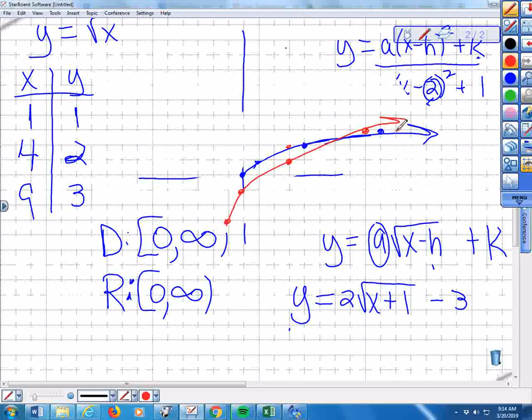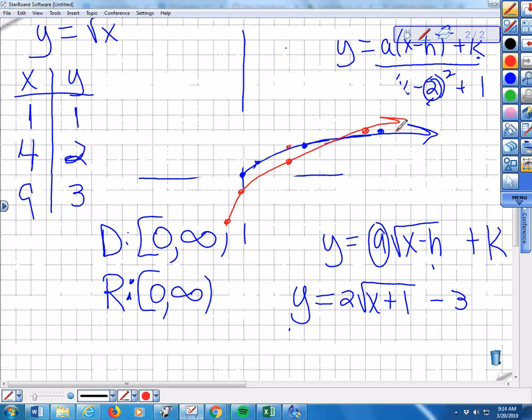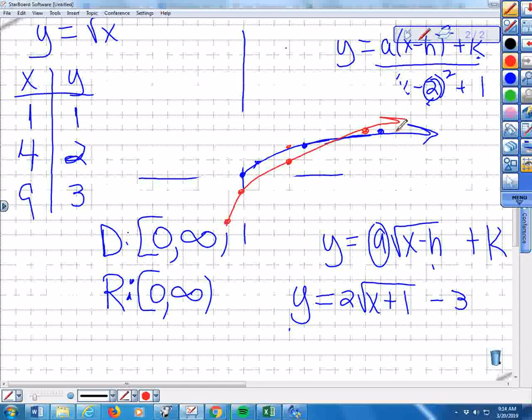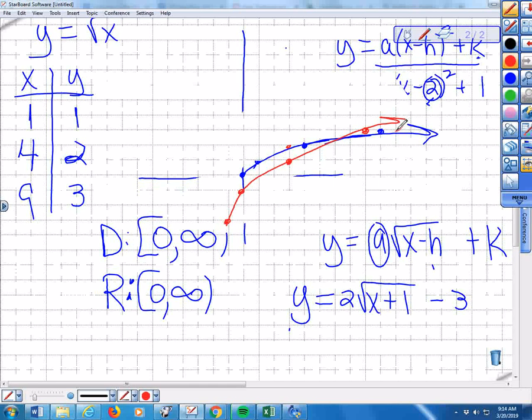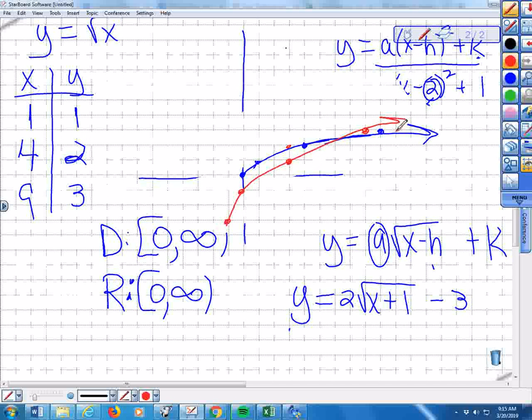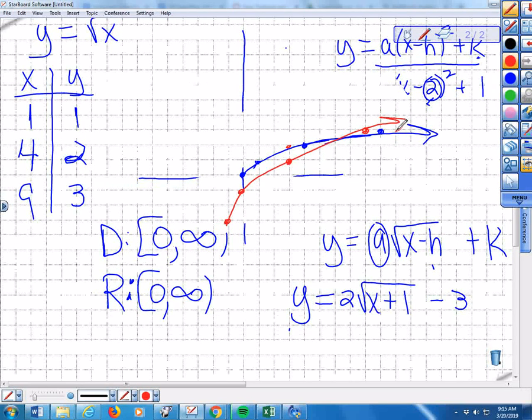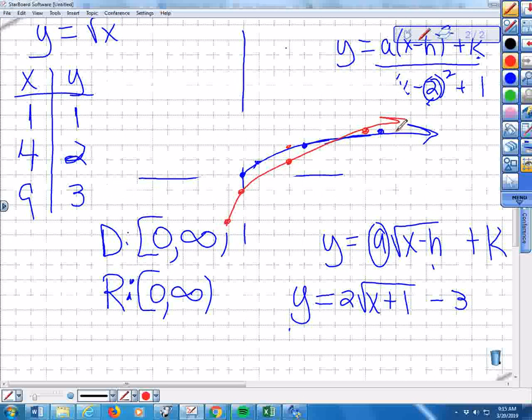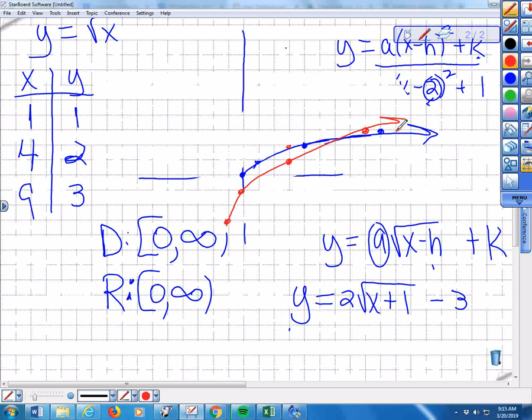I'm on WebWork, it's going to ask you to pick the graph that represents this, or you're going to have to graph it yourself. So you just follow whatever directions WebWork gives you. On a quiz, I might say, given the graph y equals square root of x, graph this on the same graph.